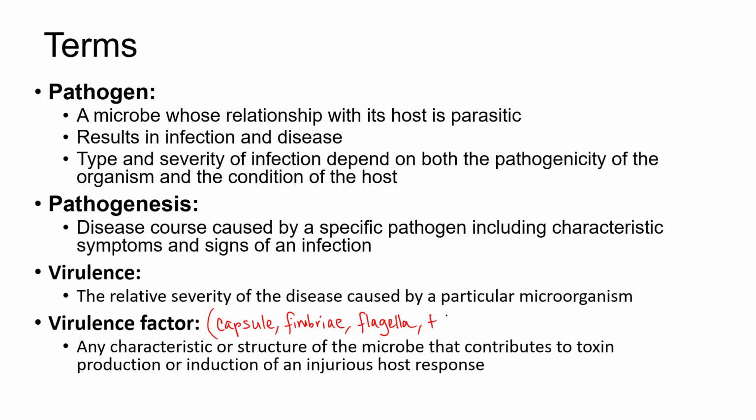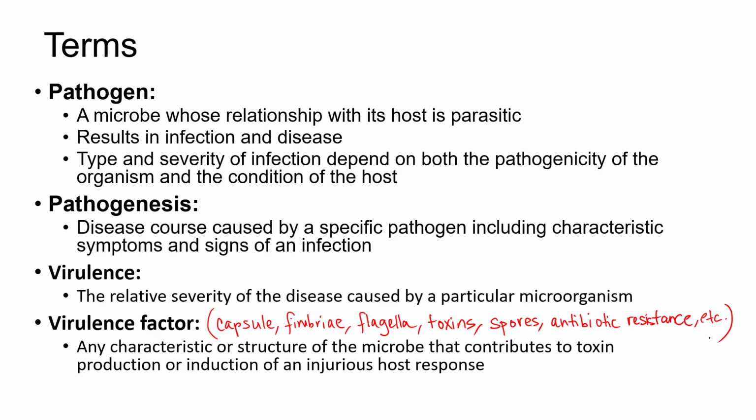This could be toxins. We're going to talk about toxins a little bit later in today's lecture. This could be spores. This could be antibiotic resistance, like MRSA has. Maybe beta-lactamase, that enzyme that allows the bacteria to digest the beta-lactam antibiotics. And there's more to this list. This isn't a complete list, but this gives you an idea of what we're dealing with when we're talking about a virulence factor.